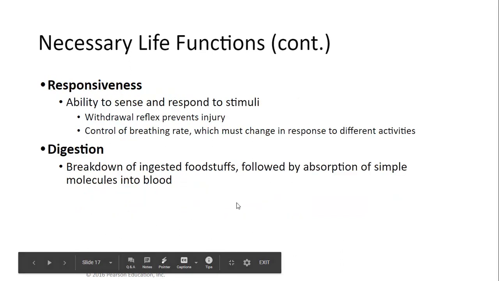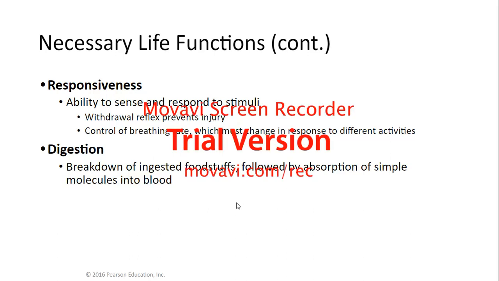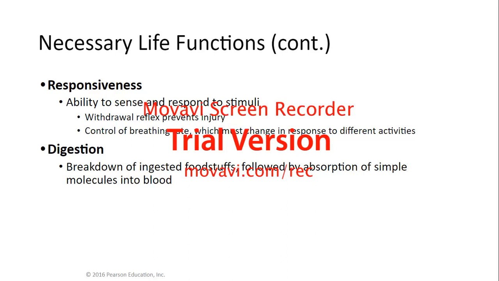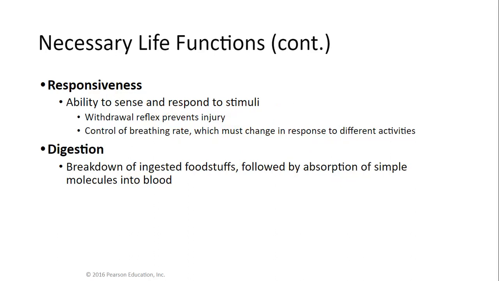All right, so responsiveness. You have to be able to sense and respond to stimuli. We have a lot of reflexes that you don't really think about that respond to stimuli. Like you touch something hot, your hand's going to immediately withdraw from it. Coughing, there's a cough, gag reflex, control of breathing. We have a lot of ways to be responsive to our external environment so that we can maintain homeostasis in our internal environment, because our external environment is always changing.